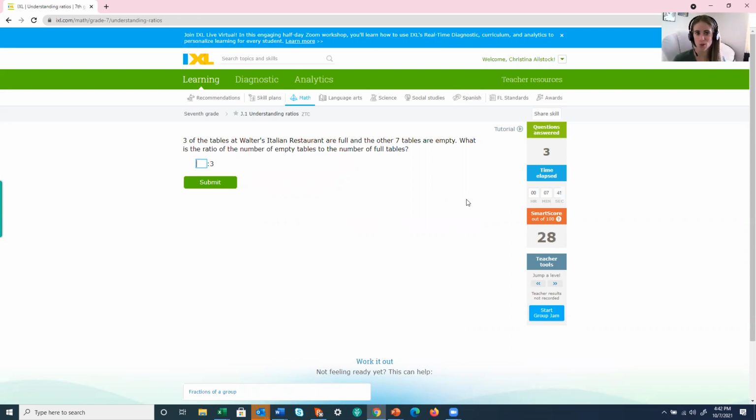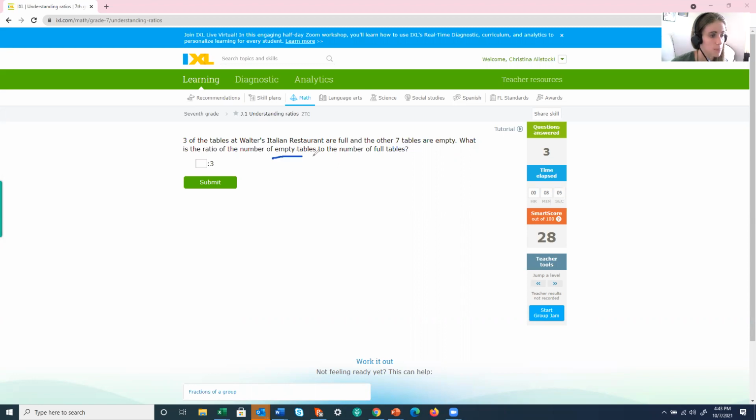Ooh, here we go. Now instead of having a diagram, we have a word problem. 3 of the tables at Walter's Italian restaurant are full, and the other 7 tables are empty. What is the ratio of the number of empty tables to full tables? Okay. So let's read our question again so we can set up our ratio properly.